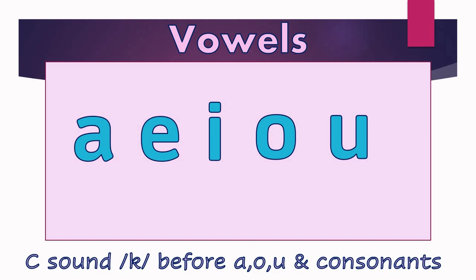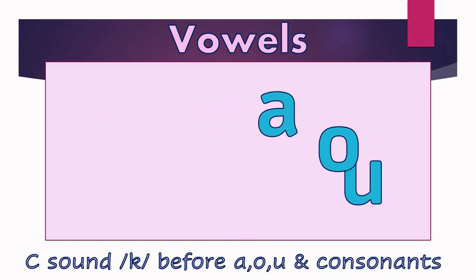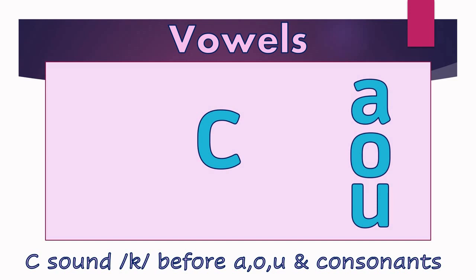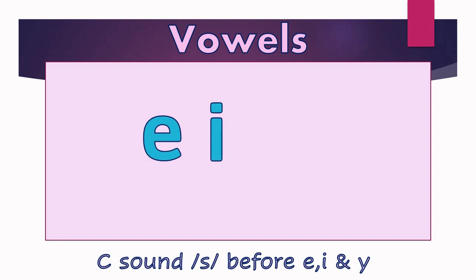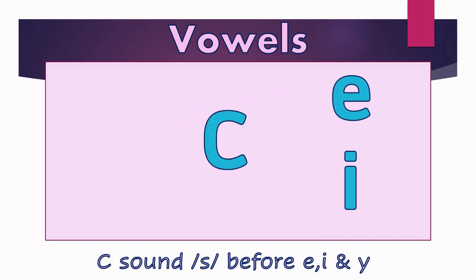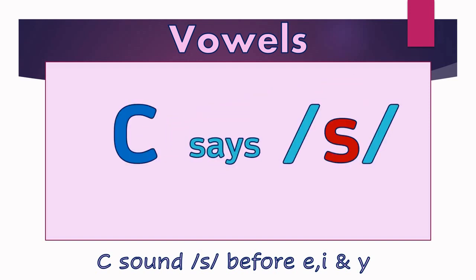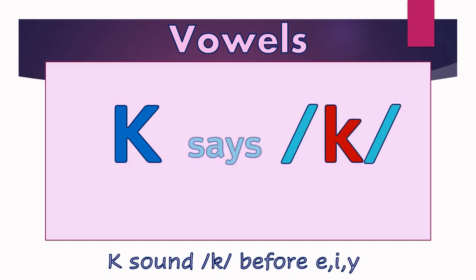Now let's see a short note. A, E, I, O, U are vowels. C with A, O, U gives sound k. And C with E and I says S. Now let's see, where does letter K sound k.